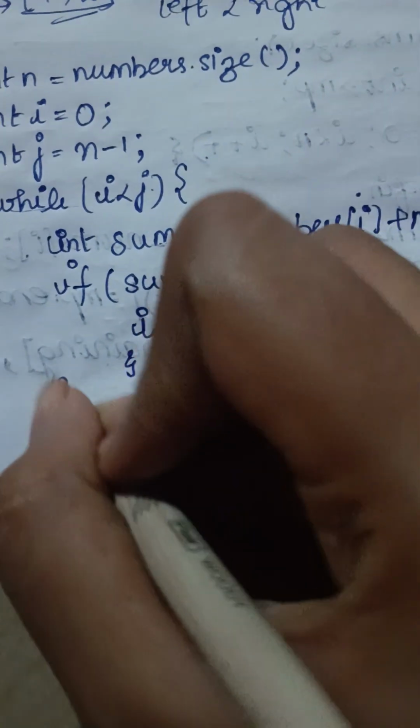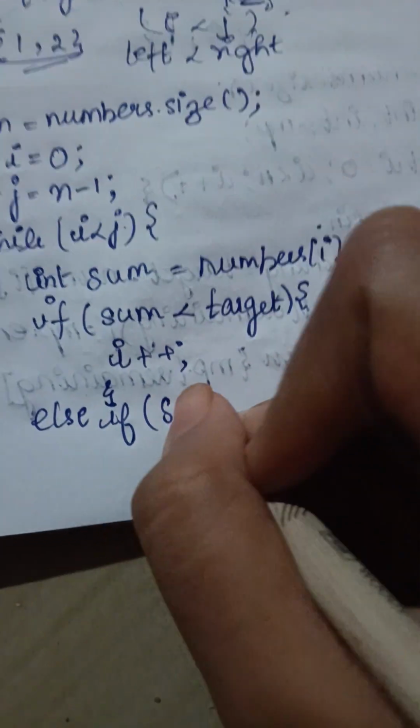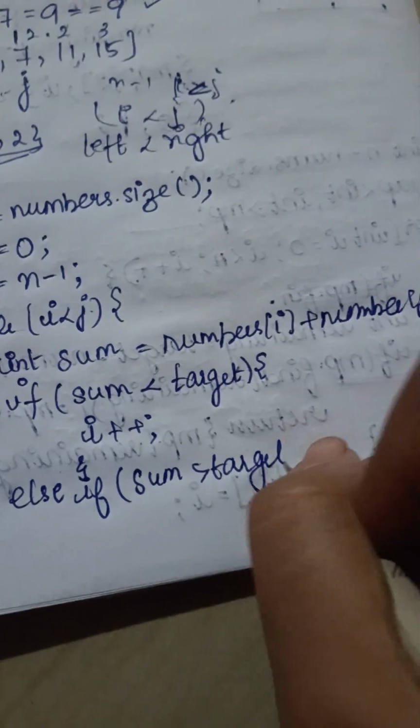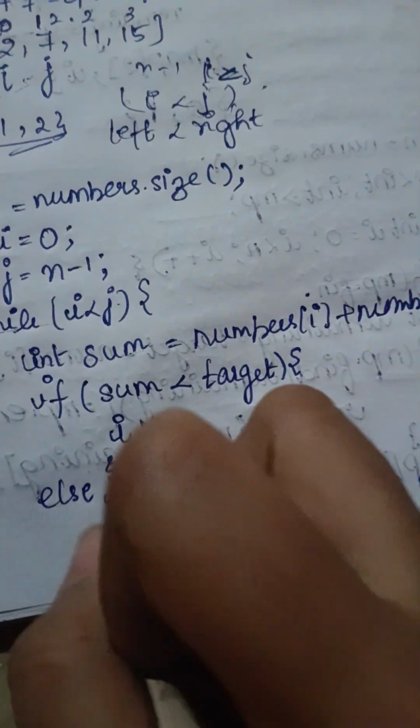What we saw was the else-if part: when the sum is greater than the target, we were doing j--. And at the last, we have to move on to the else portion.